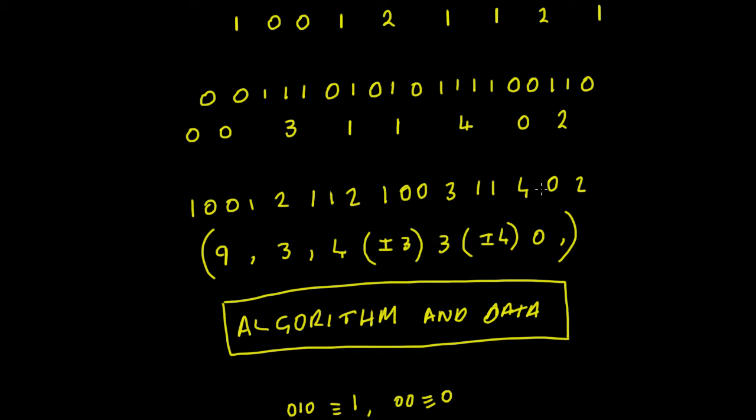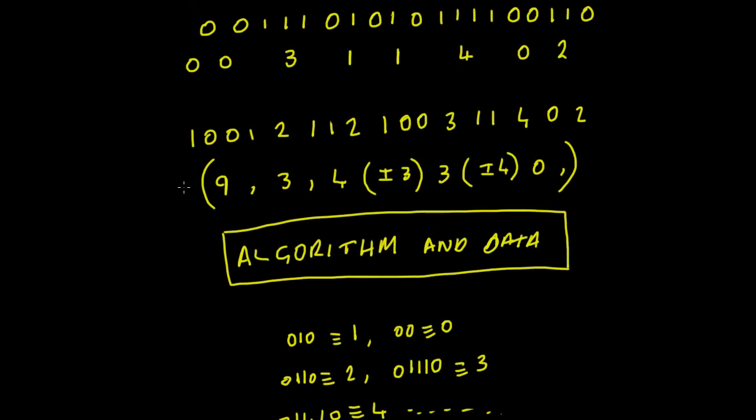Now it's all about interpretation and how we want to define things. So we can look at these numbers here. The 1001 would be the binary number 9, so that's 1, 2, 4, that's 8, and 1 is 9.